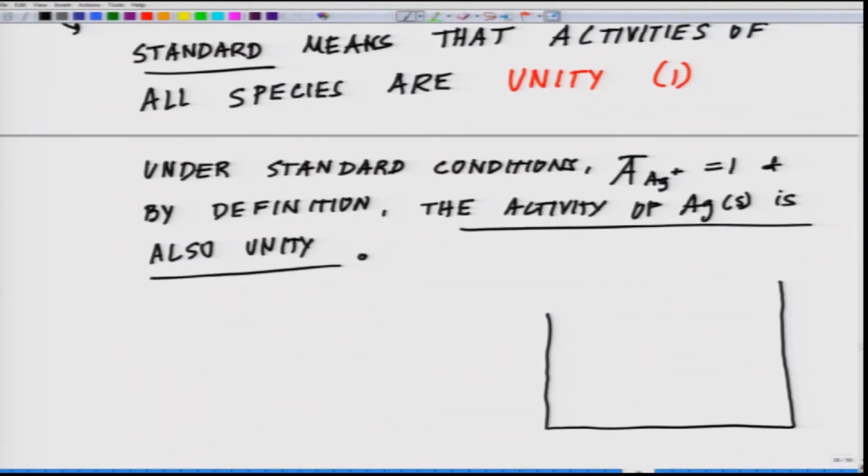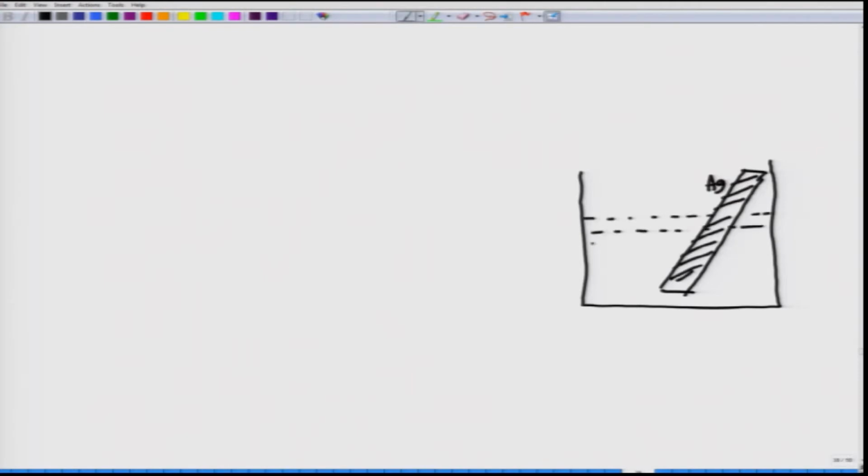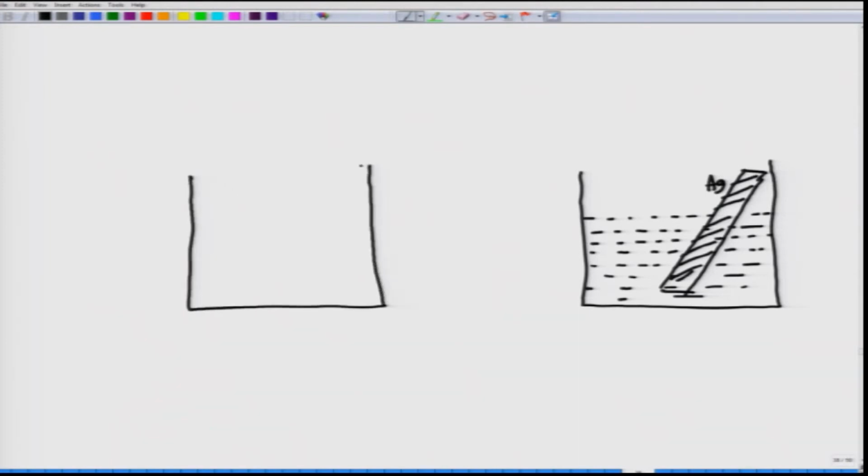Now, let us draw the half cell and its reference cell. Here you have the Ag electrode, the silver electrode sitting, and you have the salt bridge connected out here.